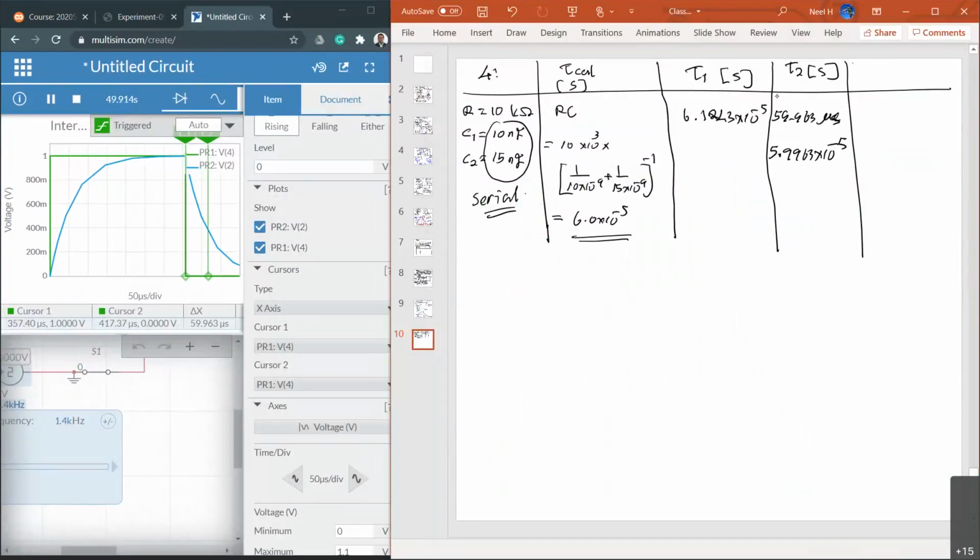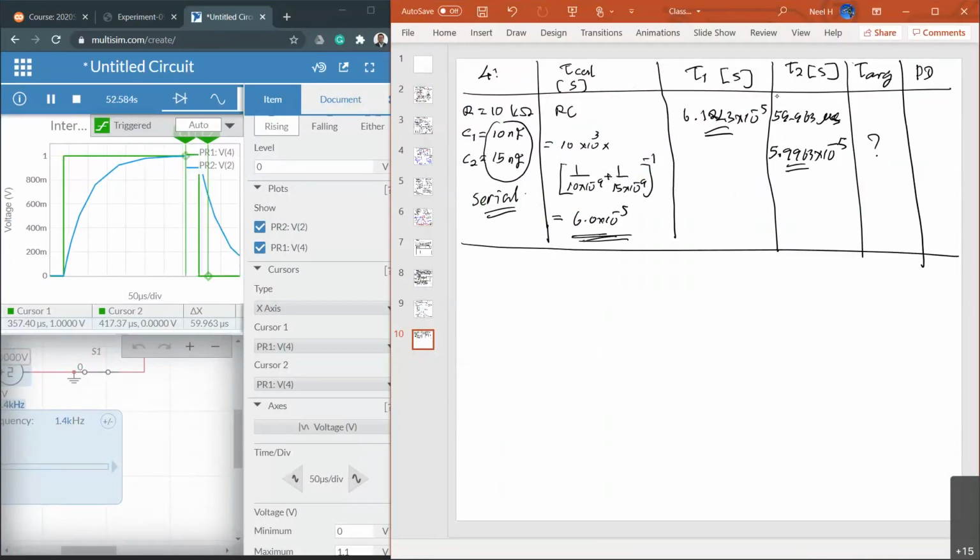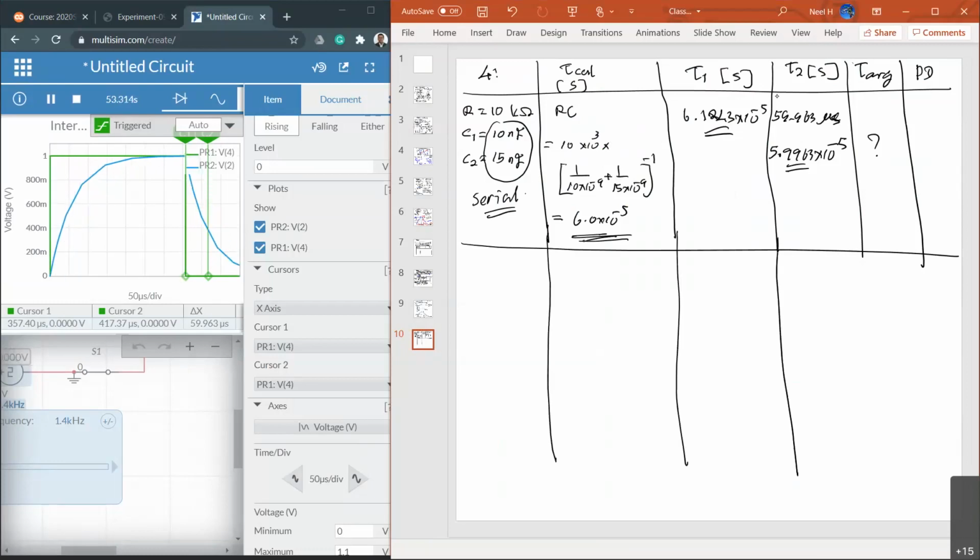Okay, good. And then you take the average between those two, that goes to the tau average, tau AVG, unit second, and then compare that average with the calculated value. That should be the percentage difference. Okay, good. Any question so far?